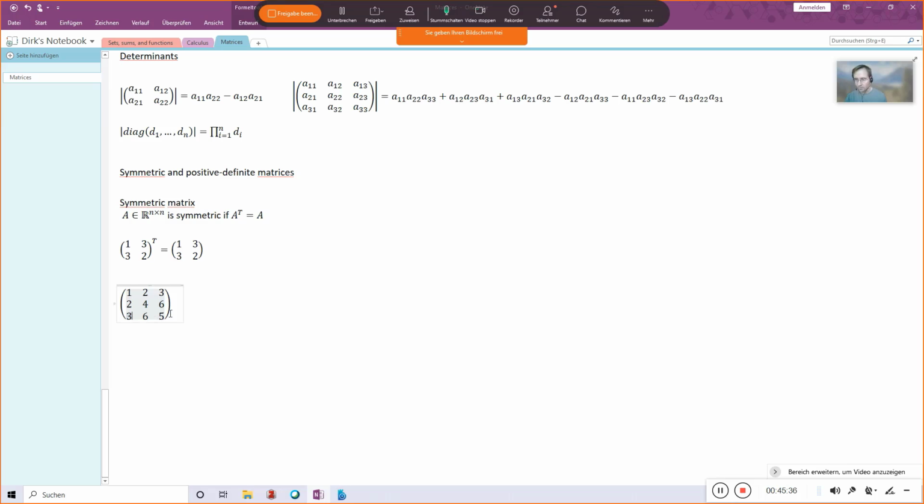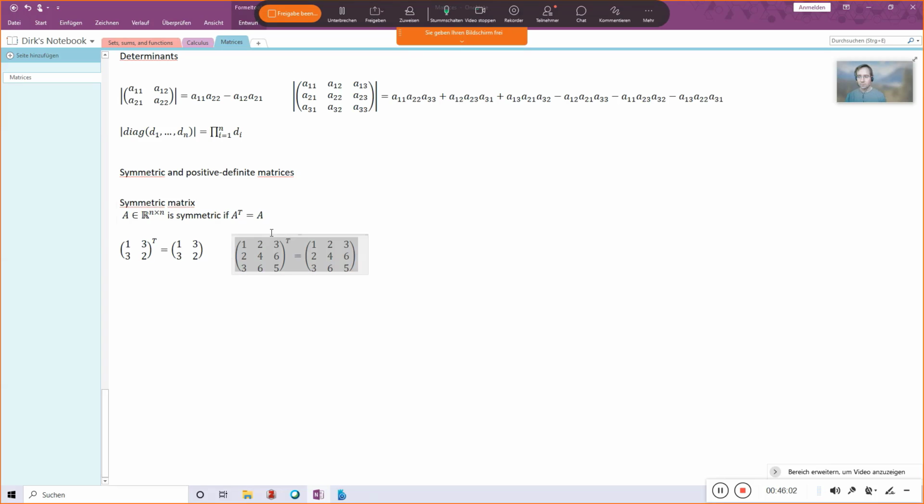So you see that we have 2, 3, 6 on these off-diagonal elements, and here 2, 3, 6 as well. If we transpose this, and we put the first column into the first row, or the first row into the first column, nothing changes. So these are symmetric matrices.